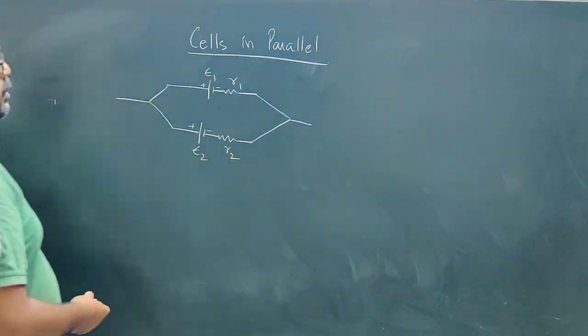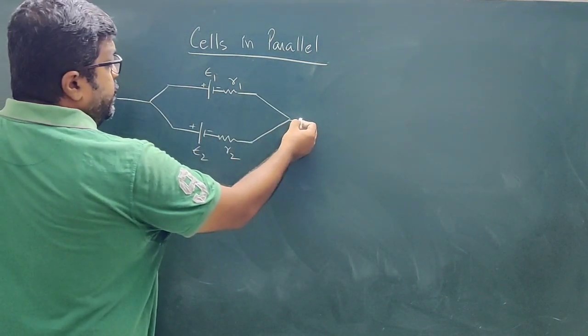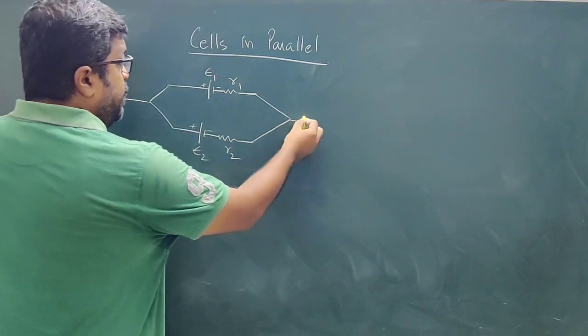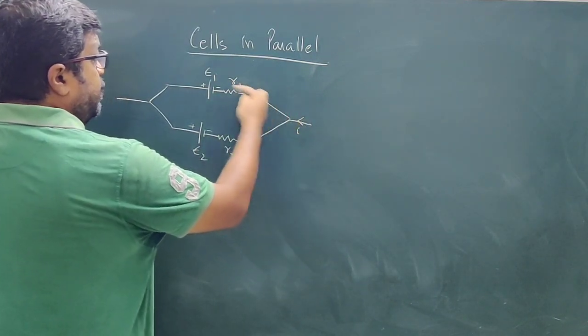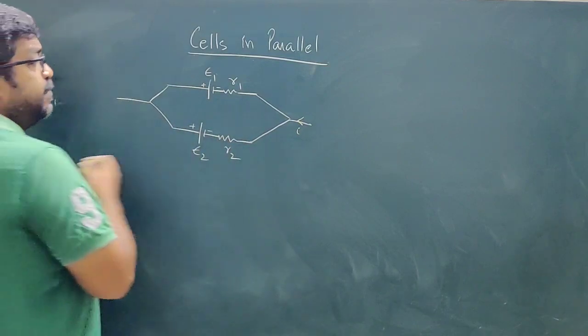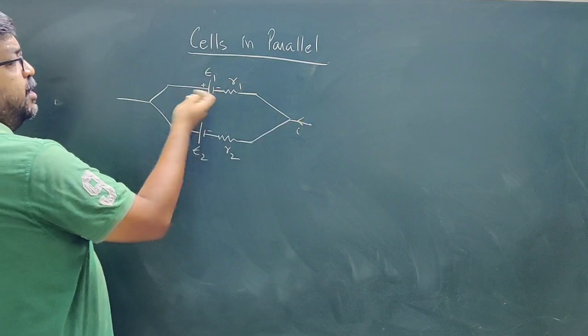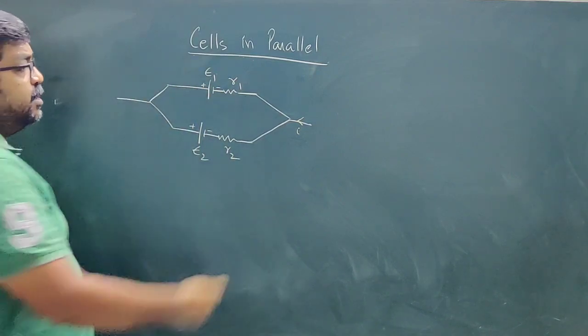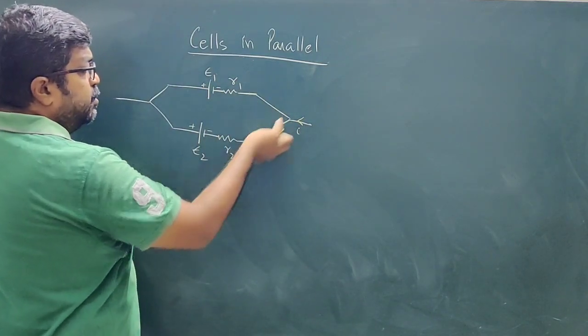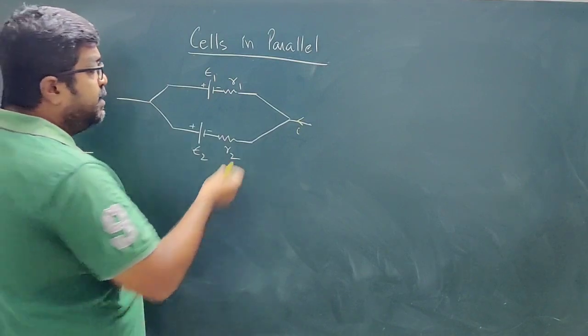Achha. Suppose current I is coming from this side. Current will flow like this. So current goes into the negative cell terminal and comes out to the positive terminal. So this current I, now two paths are there, two available paths.